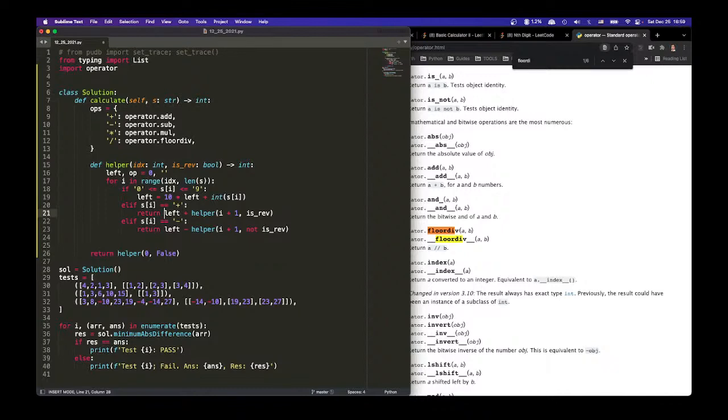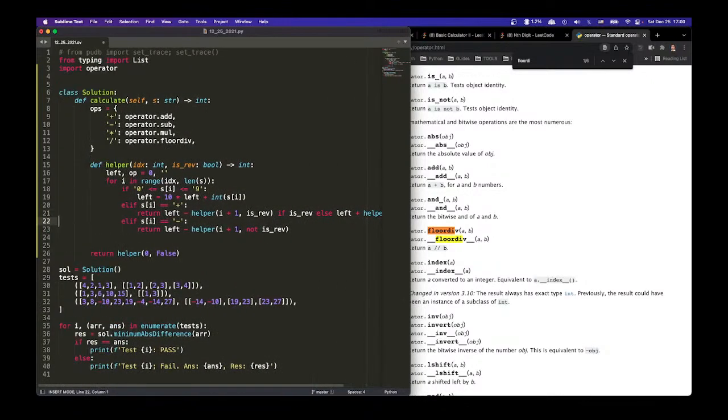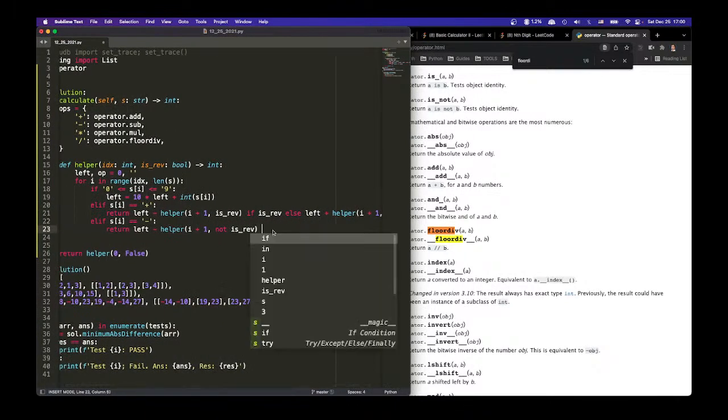So basically, if it's a plus sign, we're going to maintain the same, but there's going to be minus if is rev, else left plus helper(i plus 1, is reverse). So we don't change reverse. However, if it's this is reverse, then we have to go a plus sign, right?